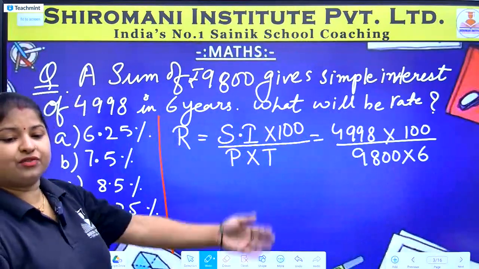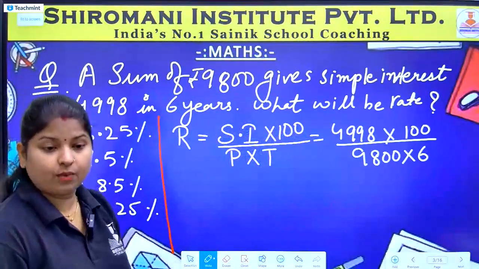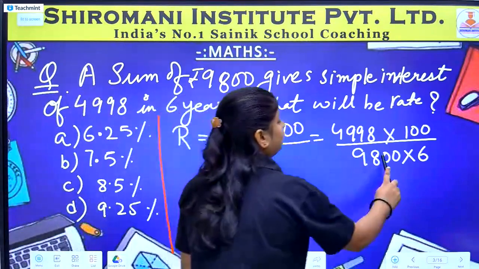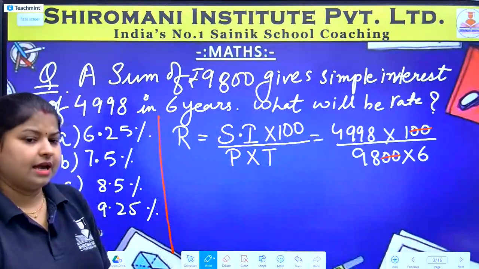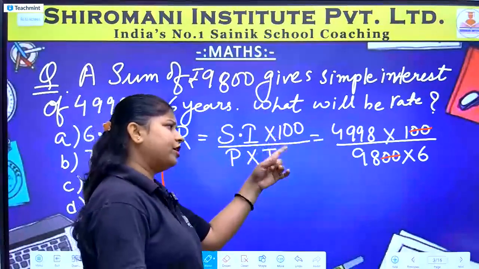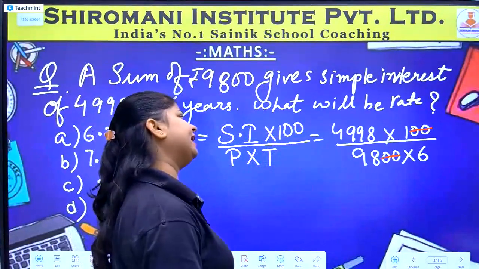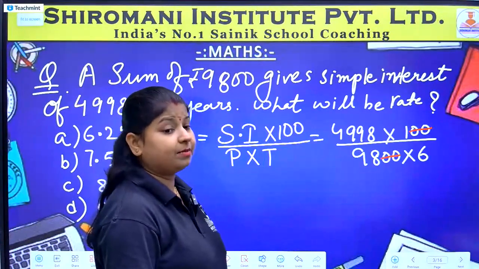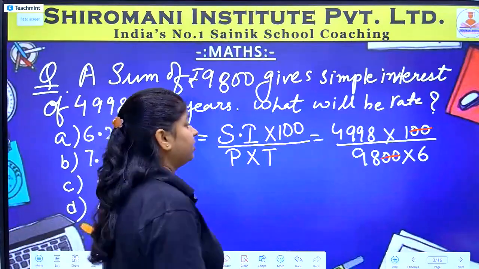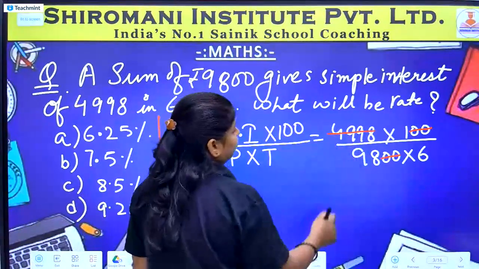Now you just have to solve this equation, right? Two zeros cancel out. When I see this 4998 and 98, I feel both of these can be divisible by 7, right?